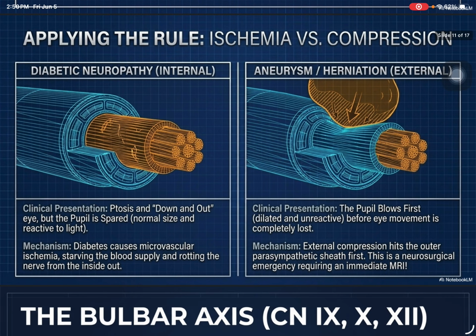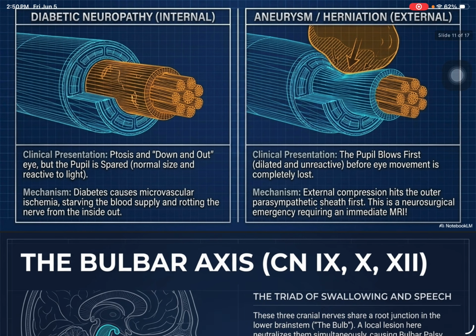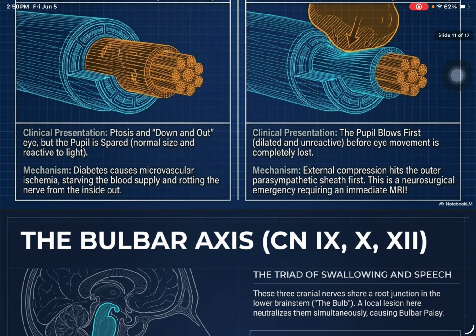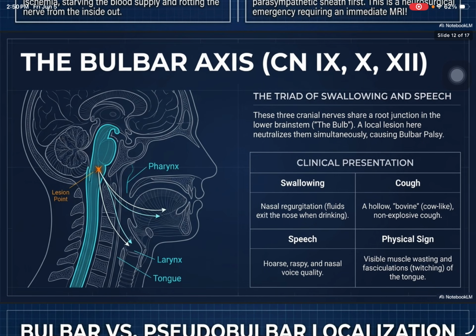But if there is an aneurysm causing external compression, the outer part of the oculomotor nerve will be destroyed and the pupil may be dilated and unreactive, because the oculomotor nerve is the parasympathetic nerve.